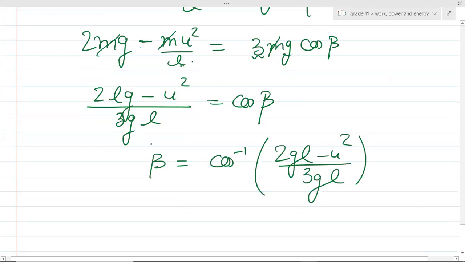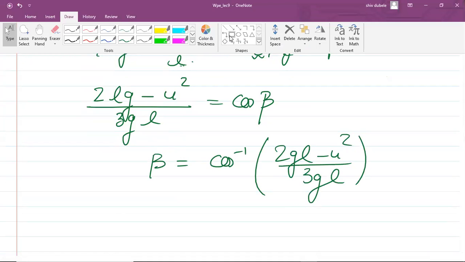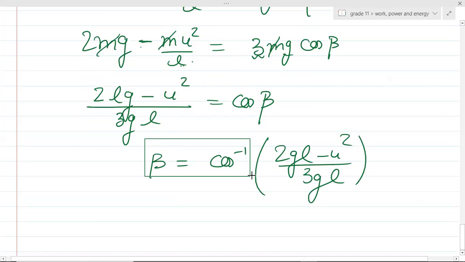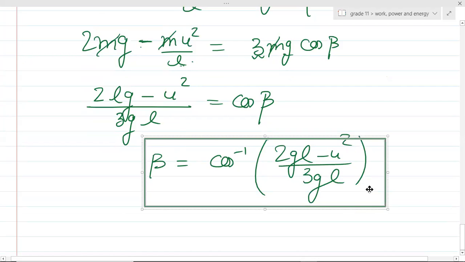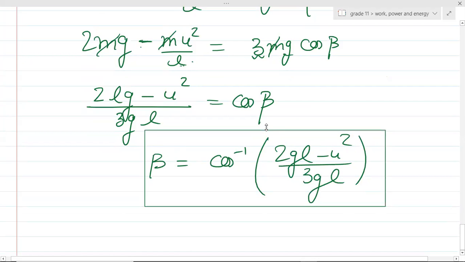Can you see what is the only difference between the two formulas? The place where the velocity was becoming zero, in that denominator it was 2gl, and where the tension is becoming zero, in the denominator it is 3gl. The numerator is the same.